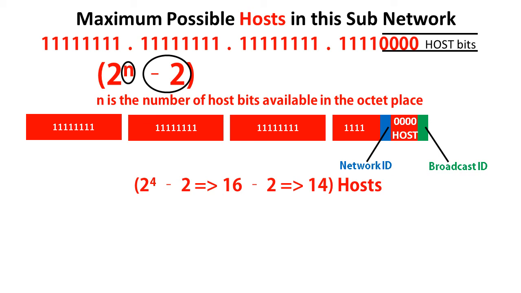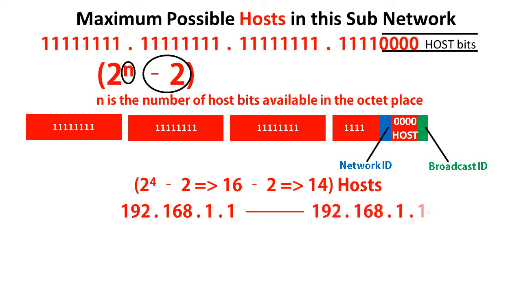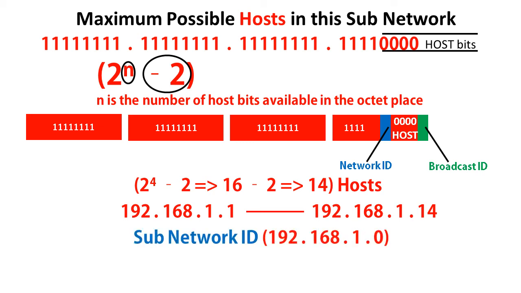Therefore, the starting IP address will be 192.168.1.1 and the last IP address will be 192.168.1.14. The subnetwork identifier address will be 192.168.1.0 and the broadcast address for the subnetwork will be 192.168.1.15.